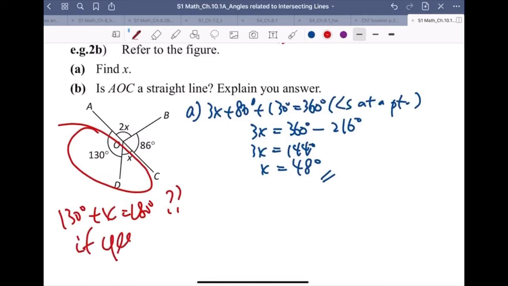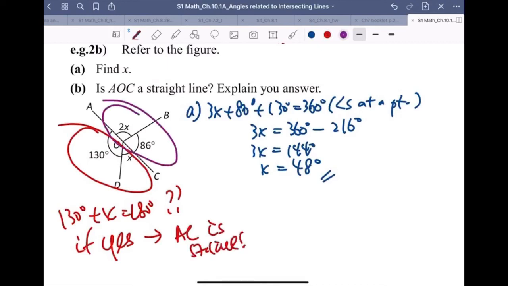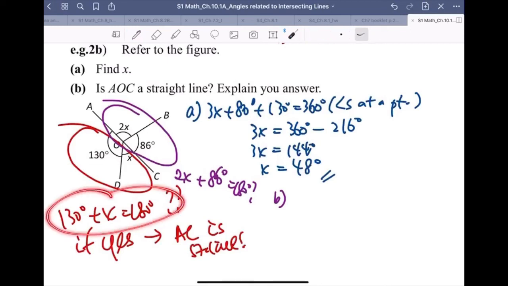If yes, therefore AC is a straight line. How about this pair? Can we use it? Of course. We can use either way. We check this or this. For me, I will choose this one because it's obvious. 130 plus 48 is not equal to 180.